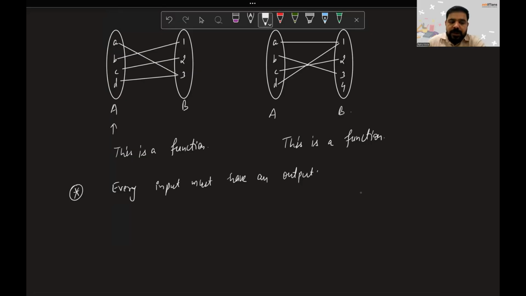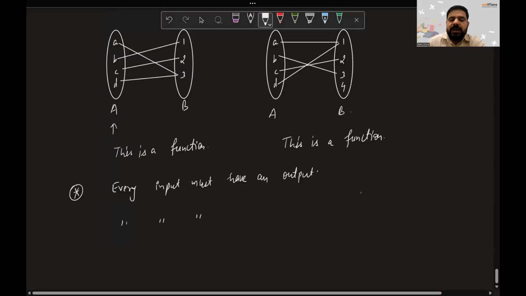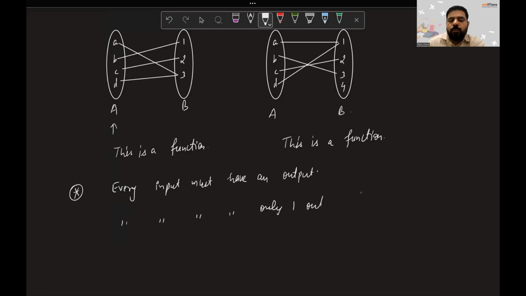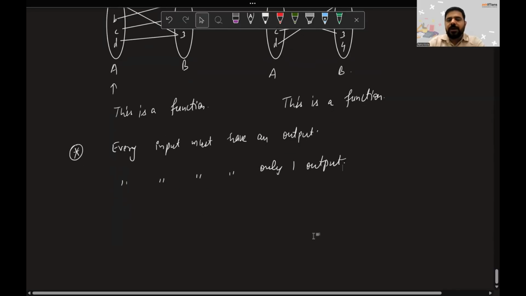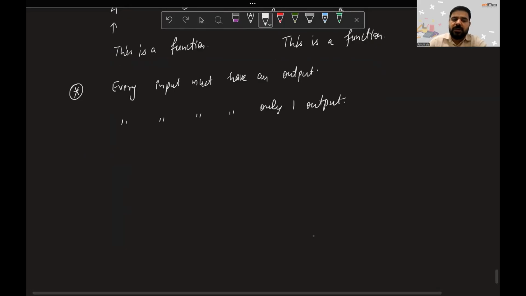And every input must have only one output. It should not happen that we give an input and get more than one output for it. So we need only one output corresponding to every input. If these two conditions are met, then we can say that the given relation is a function. I hope we are good enough in establishing this definition.